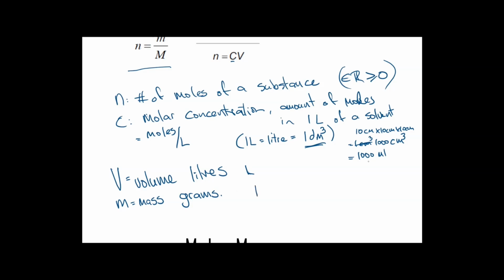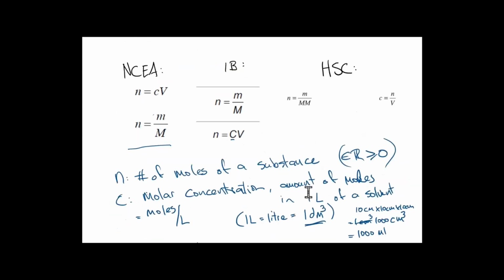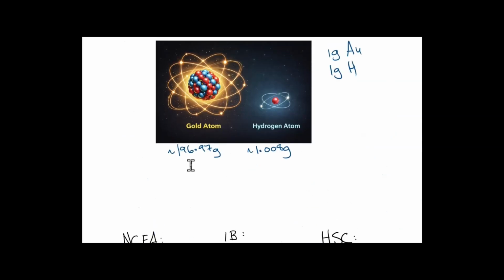And now we get to big M. So big M is the molar mass. And it's the reason why the Australian exams have it capital M, capital M. Molar mass is expressed in grams per mole. So we already did one here with the gold and the hydrogen.